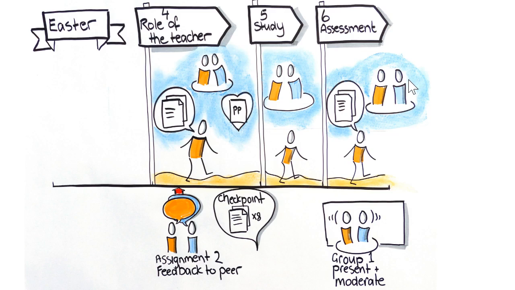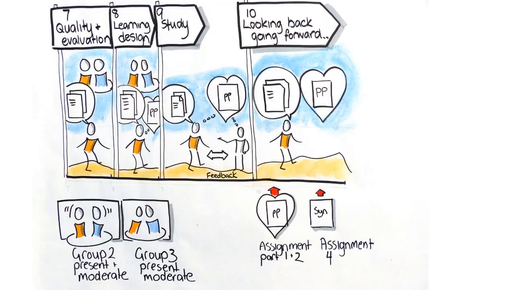Modules 6, 7 and 8 are sequential student-led modules, where this group of students presents to the remaining students, and the topic is assessment, and we're still doing our blog posts on the reading that we have done that week.